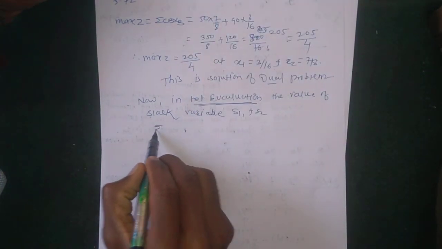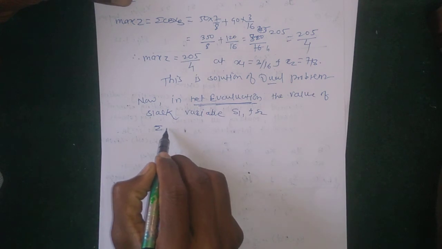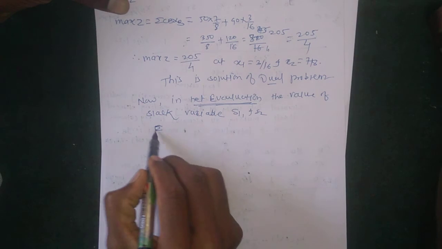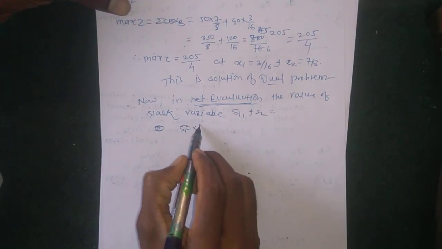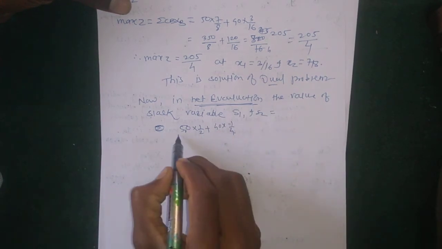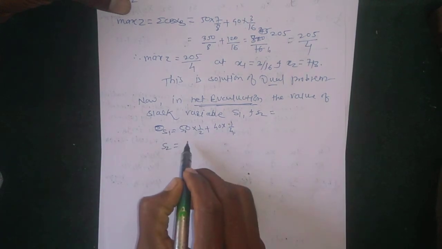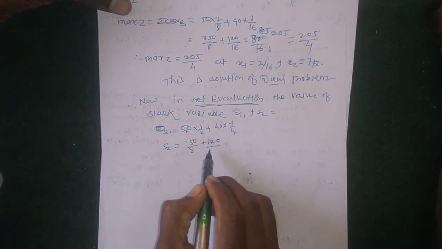the summation of CB into S1 for the S1 column: 50 into 1 by 2 plus 40 into minus 1 by 4. This is the value of S1, and for the S2 column it is minus 50 divided by 8 plus 120 divided by 16.